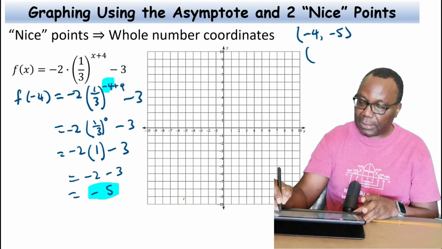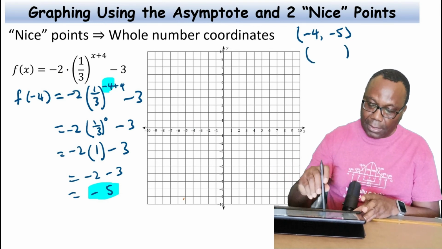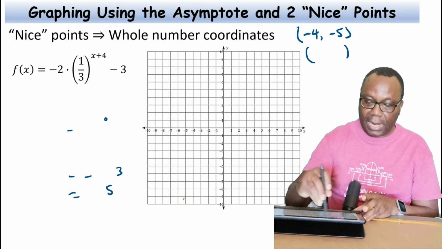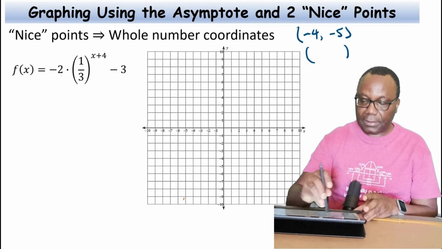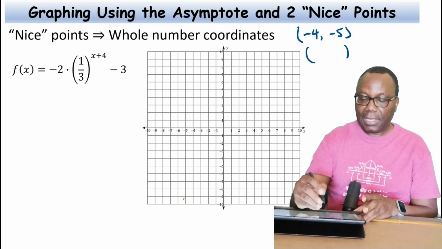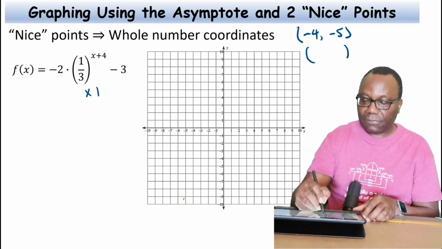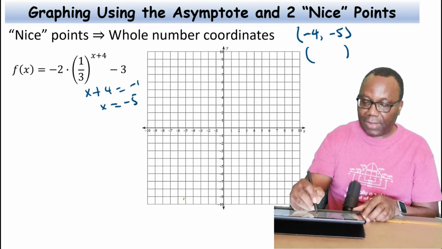Okay, I need 1 more point. I want -1. Do you know why I want -1? Because it's a fraction base. If I do 1/3 to the power of -1, I'm going to get 3. So I need x plus 4 to be -1. So I need x to be -5.